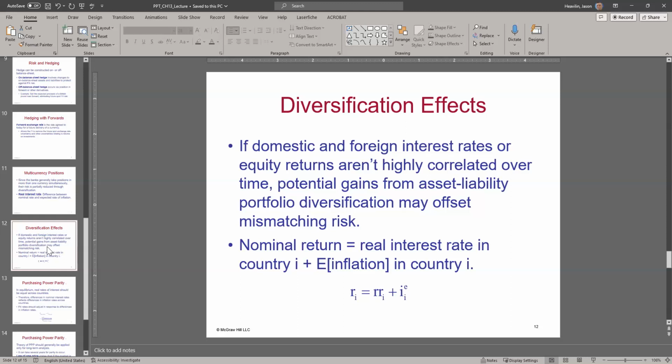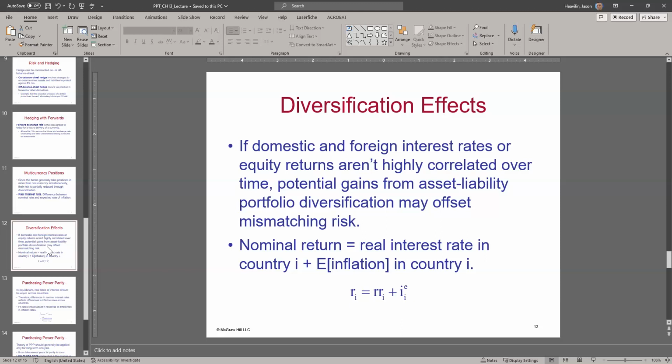So if domestic and foreign interest rates or equity returns aren't highly correlated over time, potential gains from asset liability portfolio diversification may offset mismatching risk. In a nutshell, what they're saying is, we said earlier, if you are not perfectly matched in your assets and liabilities, then you start taking risk.